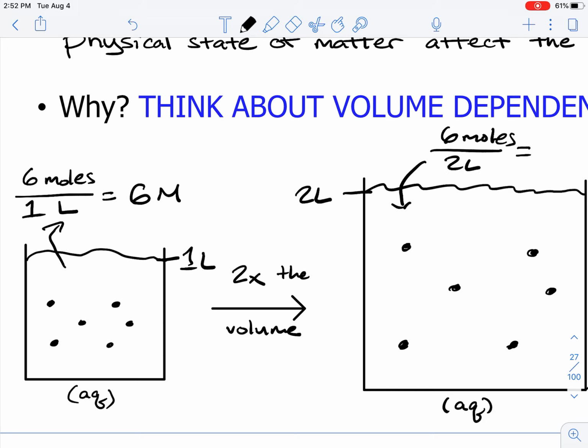If you calculate the concentration, that's going to be 3 molar. And so this concentration is highly concentrated.